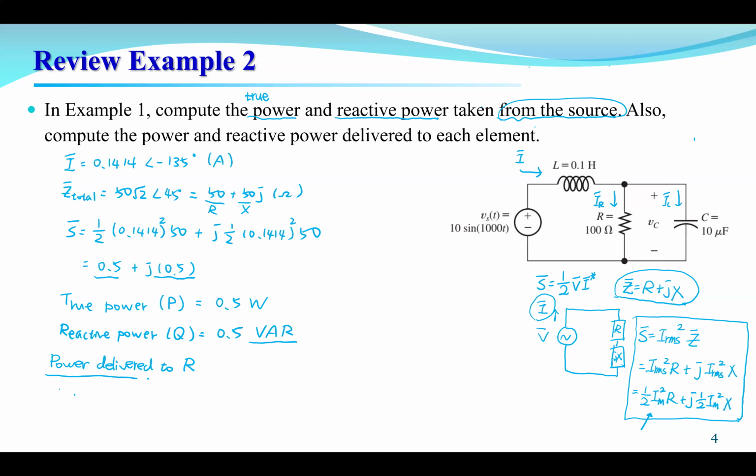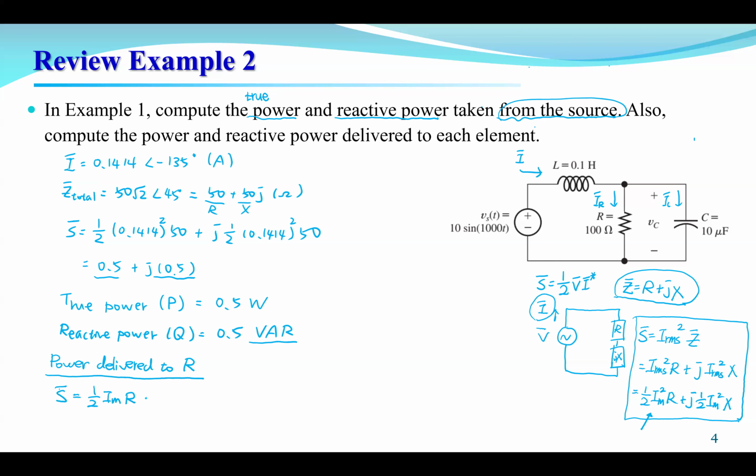So power delivered to R can be written as 1 over 2 I_m squared R, because a resistor doesn't have an imaginary part, just a real number. We need to find out I_R.